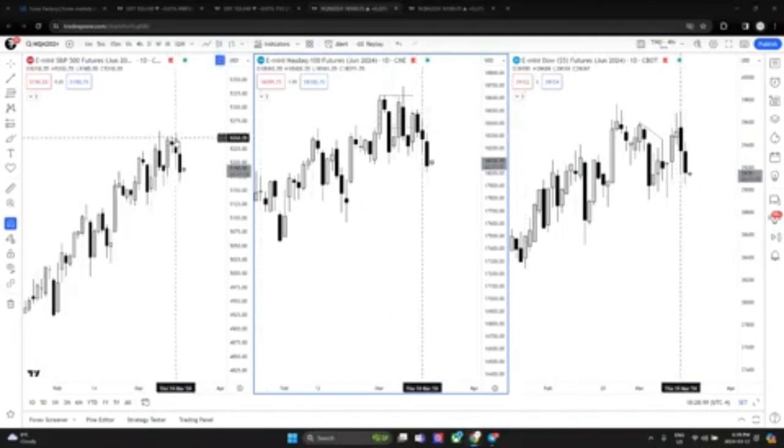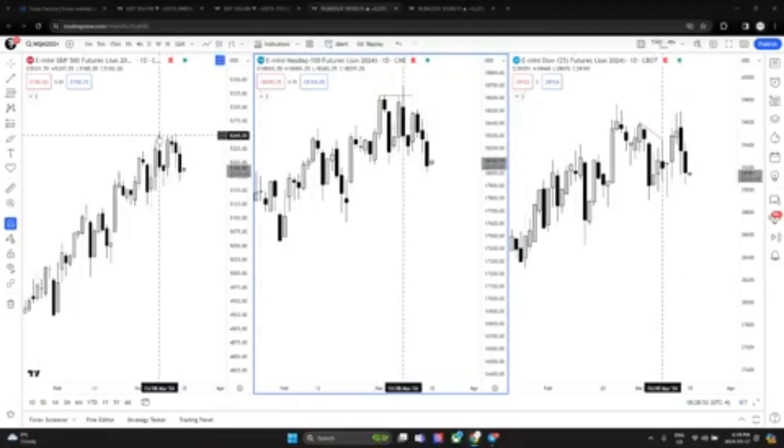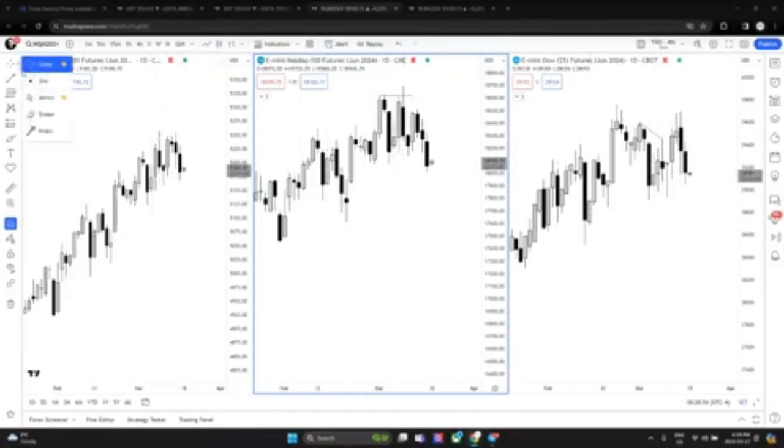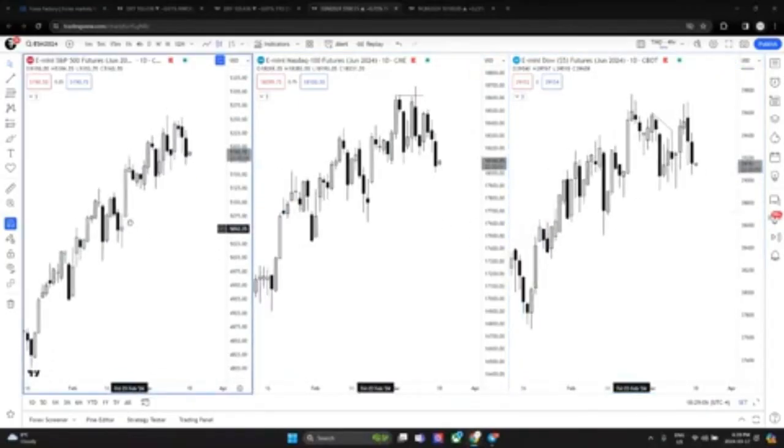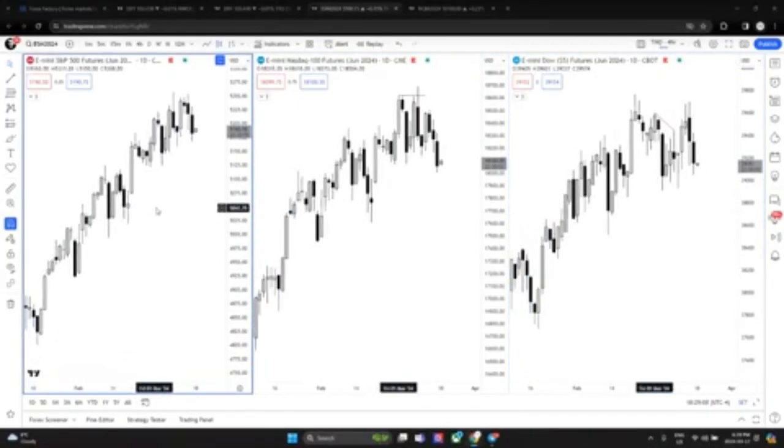And then we have had this high failing to break above this high, again, pertaining to the S&P 500. We have a lot of liquidity below price. You guys can see that we're way overbought, but we just need that event, right, to allow price to turn around.